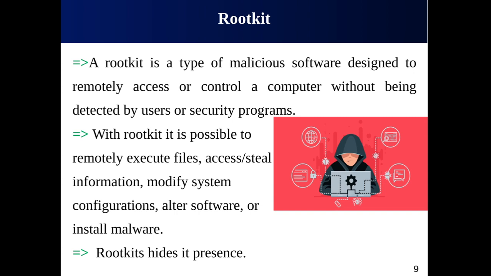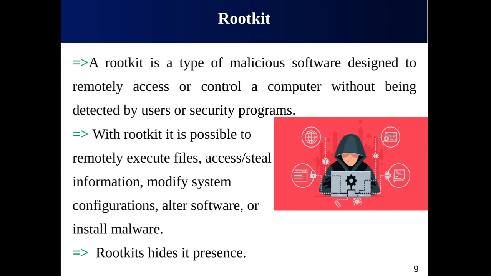On Linux or Unix operating systems, the administrator account or the super user account is called root. As the name indicates, a rootkit is a type of malicious software that is designed to remotely access or control a computer without being detected by the user or by security programs.